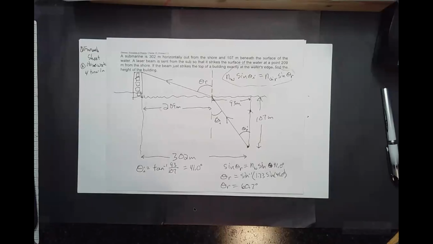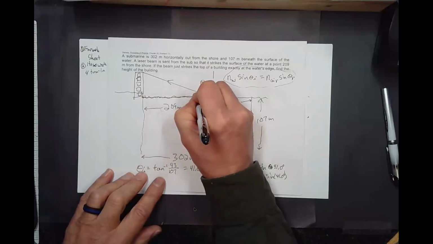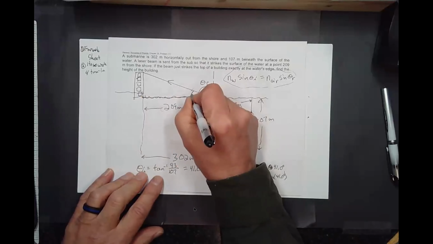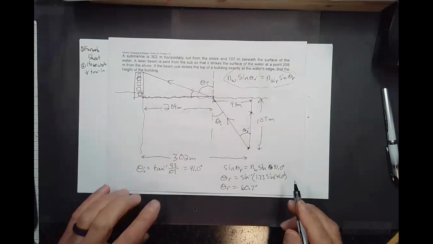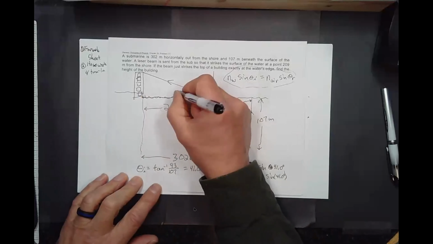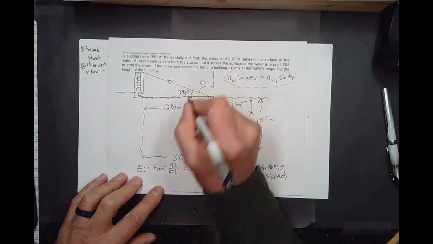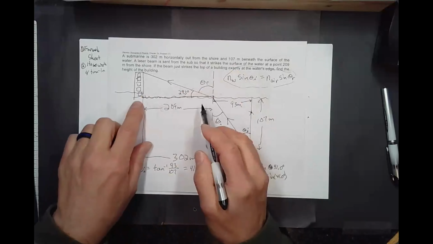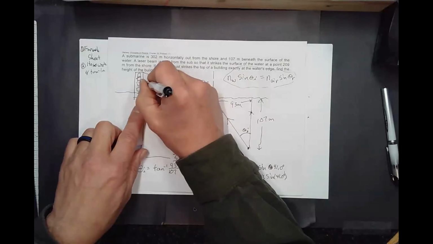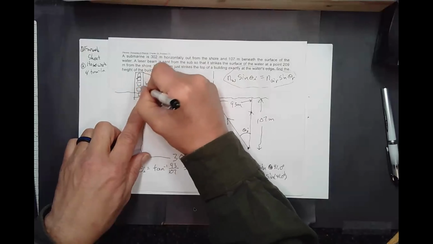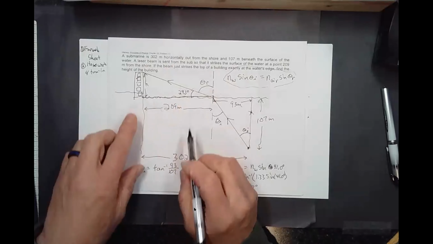All right, now, if that's 60.7 degrees, this angle here is going to be 90 minus 60.7, which would be 30 degrees. It's going to be 29.3 degrees. So this angle plus this one equal 90 degrees. And now I've got a triangle where I've got the height of the building here, H. That would be the side opposite this angle.